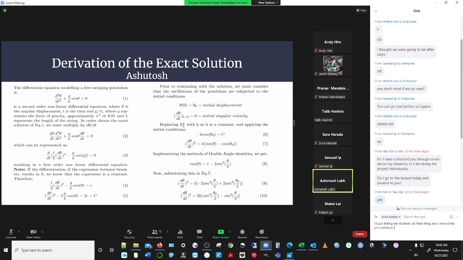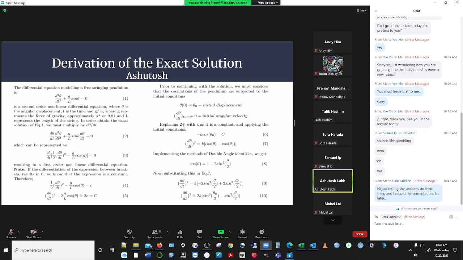This is our initial angular velocity, so at the start the angular velocity is 0 and the initial displacement is theta subscript 0. Now, going back to equation 5, we chose to replace 2g over L with the constant k and applied the initial conditions, which gave us equation number 6.